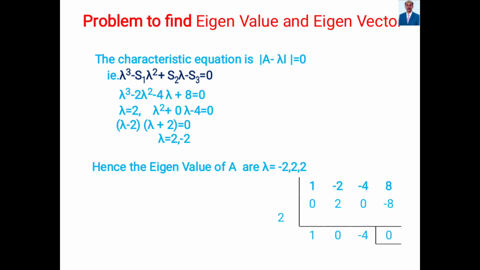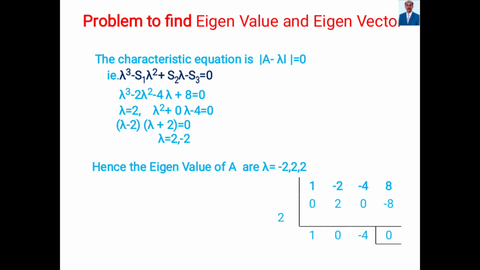We apply S1 equal to 2, S2 equal to minus 4 and S3 equal to minus 8. So lambda cube minus 2 lambda square minus 4 lambda plus 8 equal to 0. If you solve this equation, we get lambda equal to minus 2, 2, 2.